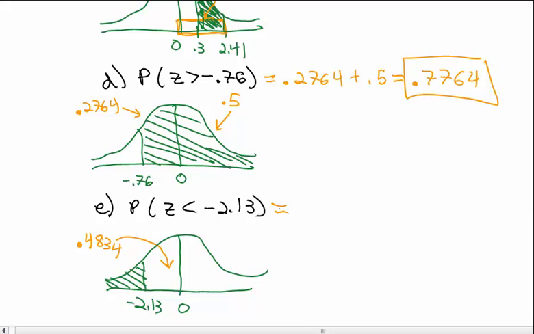But we don't want that area, we want the other part of it. But fortunately we know that entire part is 0.5. So we will subtract off the white space of 0.4834, and 0.5 minus 0.4834 is 0.0166.